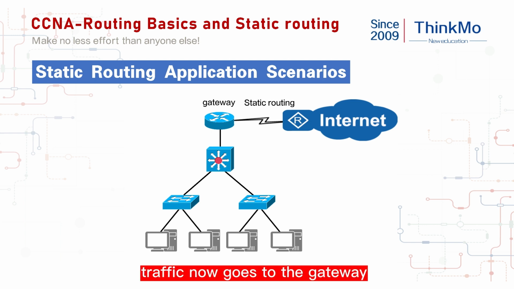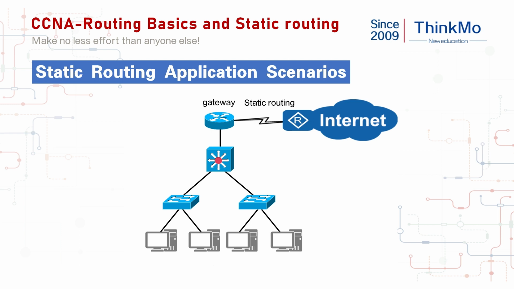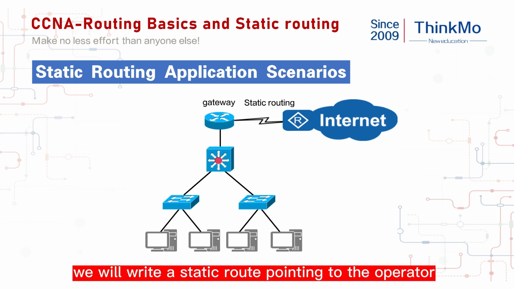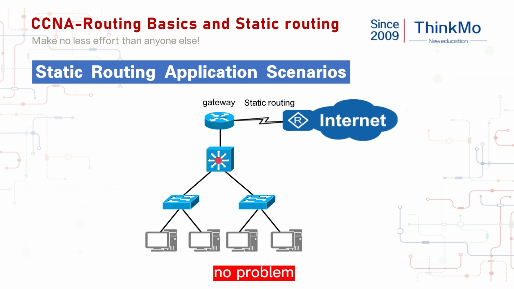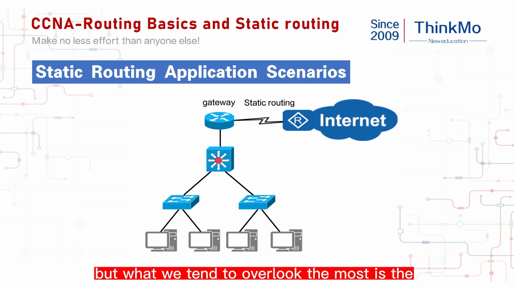Traffic now goes to the gateway, no problem. Direct connection between gateway and egress device, no problem. Later we will write a static route pointing to the operator, no problem. The data can be exported. But what we tend to overlook the most is how this data comes back.